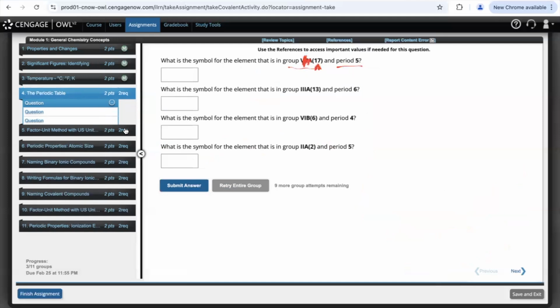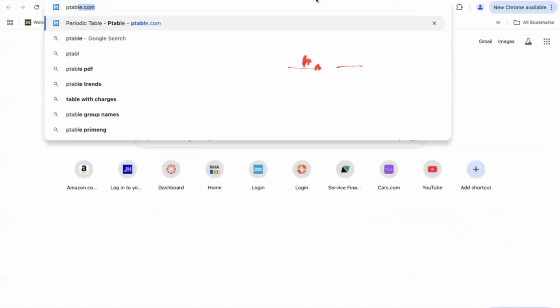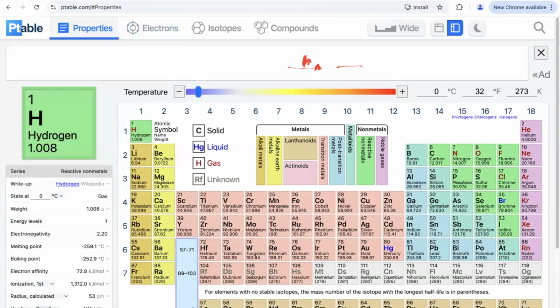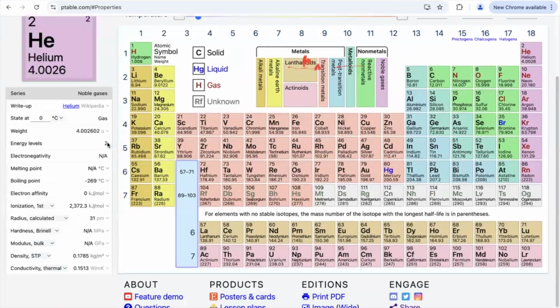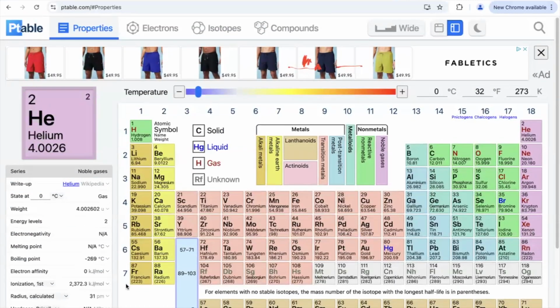If you go over to a periodic table, which I prefer to use ptable.com, your groups are across the top, your periods are down.